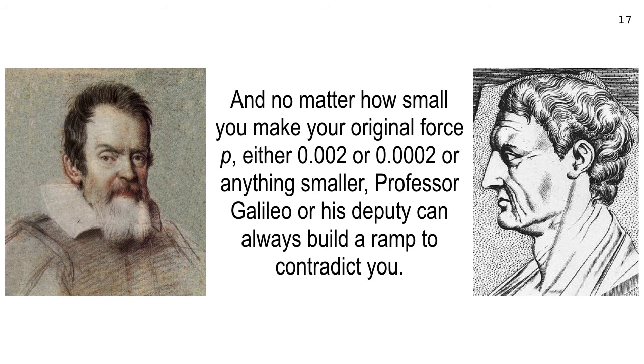It might not be very sharply tilted upward, but it'll still be a ramp. And if there's any kind of weight force, whatever you say, 0.002, 0.0002, anything you tell me, Aristotle, my ramps tell you that that is too big.